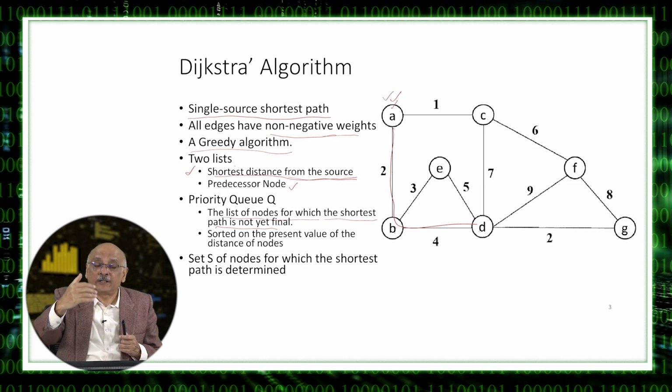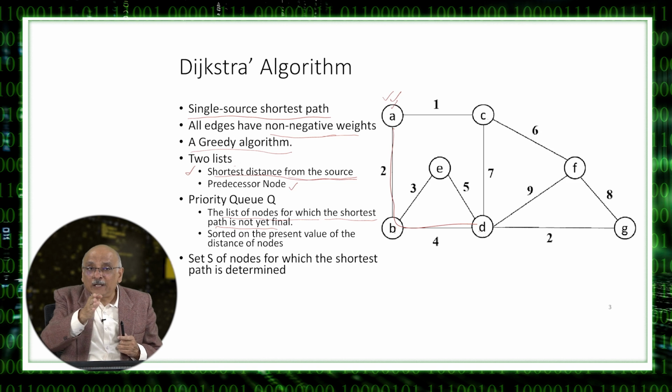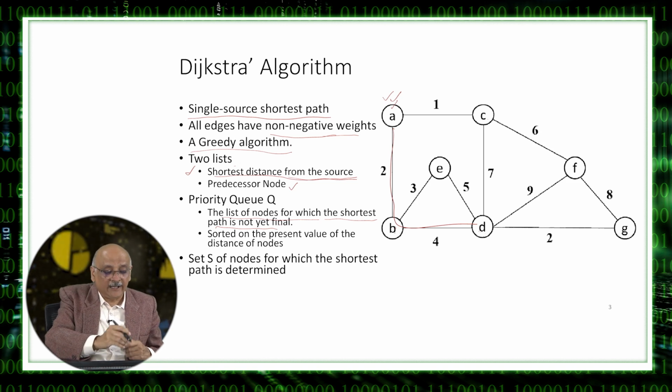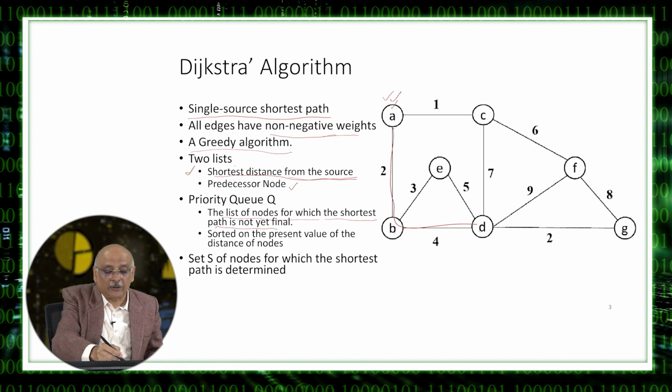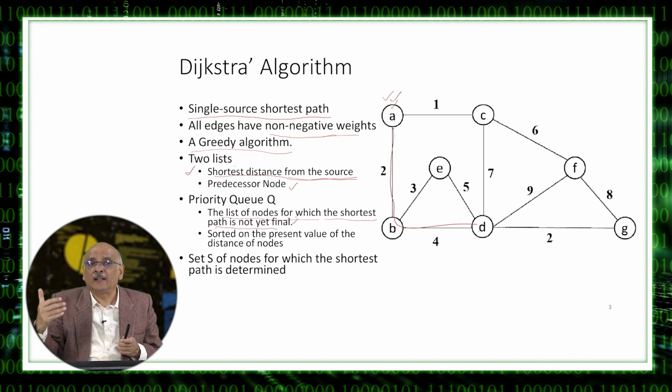You have not yet found the shortest weight, however you are trying to find the smallest. So far, whatever you have found has the smallest value. Among those, you will be creating a priority queue of nodes for which the shortest path is not yet final. They are under intermediate consideration.